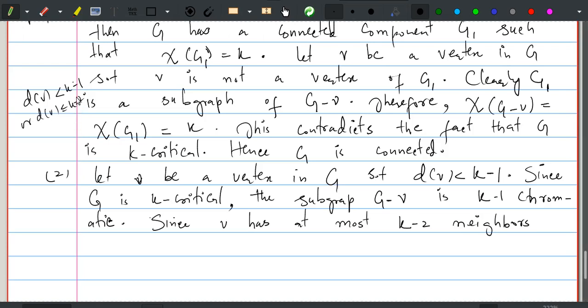So v has at most k minus 2 degree. Now if v has k minus 2 degree, that means v has at most k minus 2 neighbors. So these neighbors of v in G, they use k minus 2 colors.